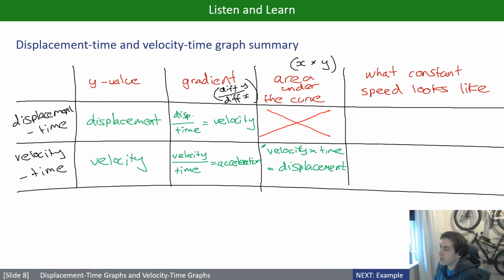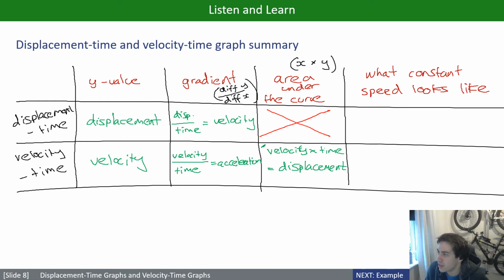I think some people have attempted to put some sort of meaning to it, which you can usually give meaning to things in mathematics and in mechanics, but it's not used very often, and you're not going to learn about it. It's not in the textbook, it's not in exams, so there's no point really mentioning it. So we're going to leave it blank, and you're not going to need to use it. It doesn't come up very often. It's neither acceleration, displacement, or velocity. It's something else which we don't need to worry about.